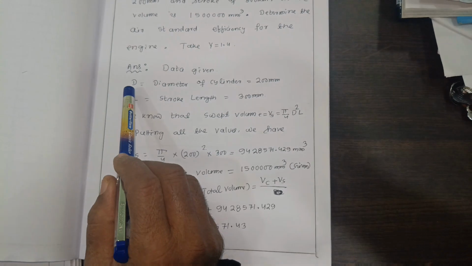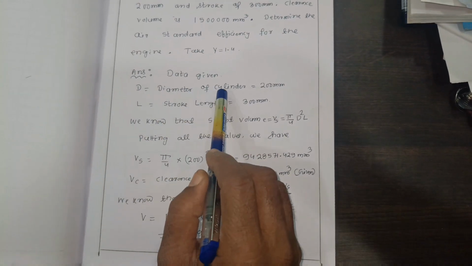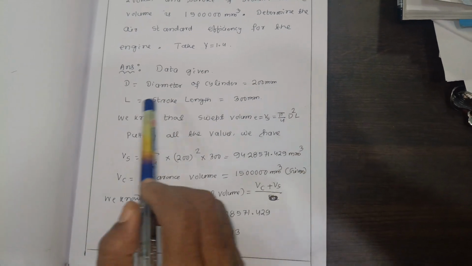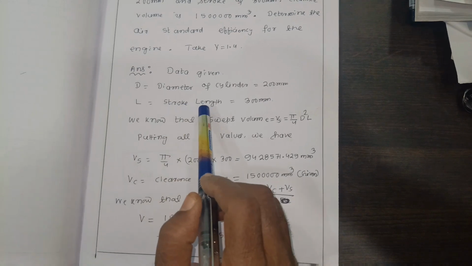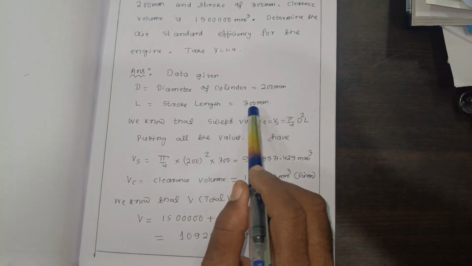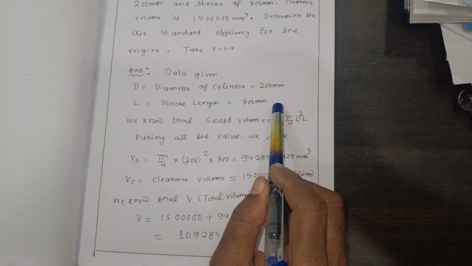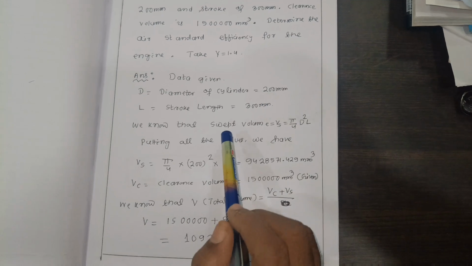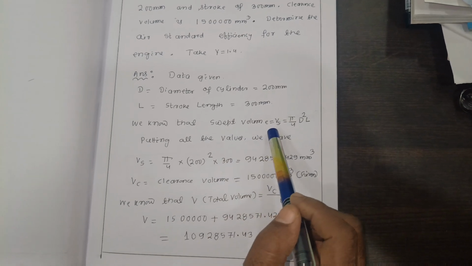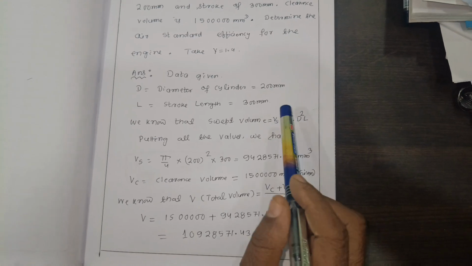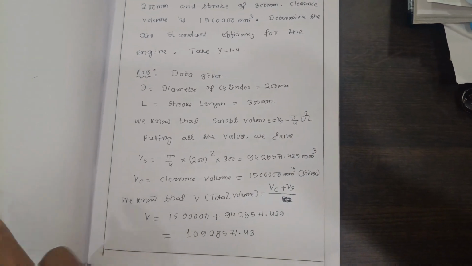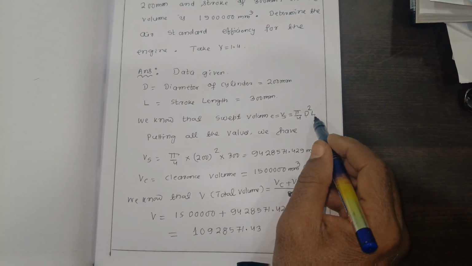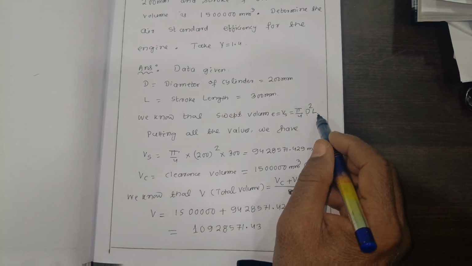You know that D is equal to diameter of the cylinder, that is 200 mm given. L is equal to stroke length is equal to 300 mm, that is given. We know that swept volume or stroke volume Vs is equal to pi by 4 d square L, where D is diameter of the cylinder, L is stroke length.